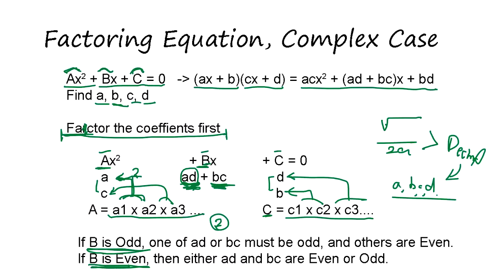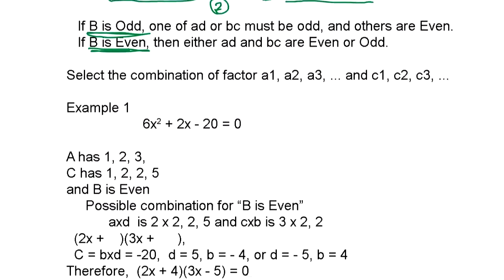So a contains 2 and d must contain 2. To make it even, both need to have an even number in the prime number set for a and d. And bc is the same way. So this information can be used. This is additional information we can use too, but let's see how far we can go with this information.